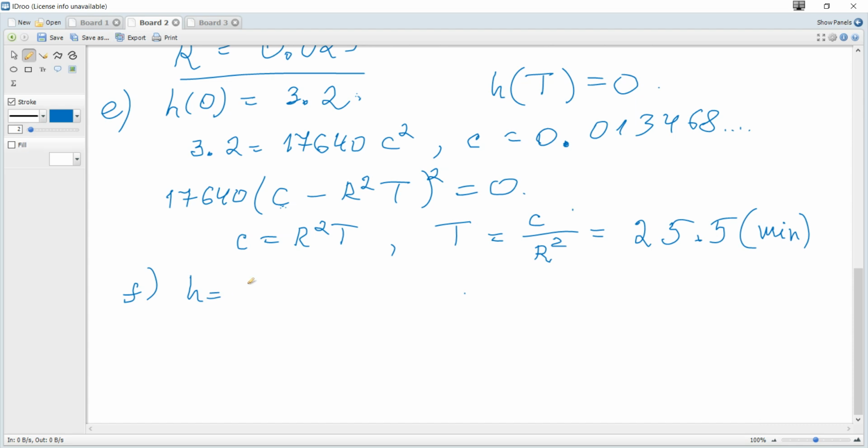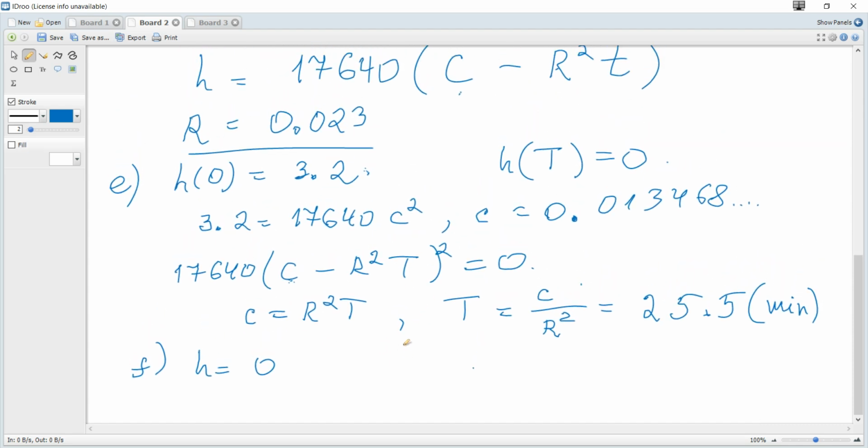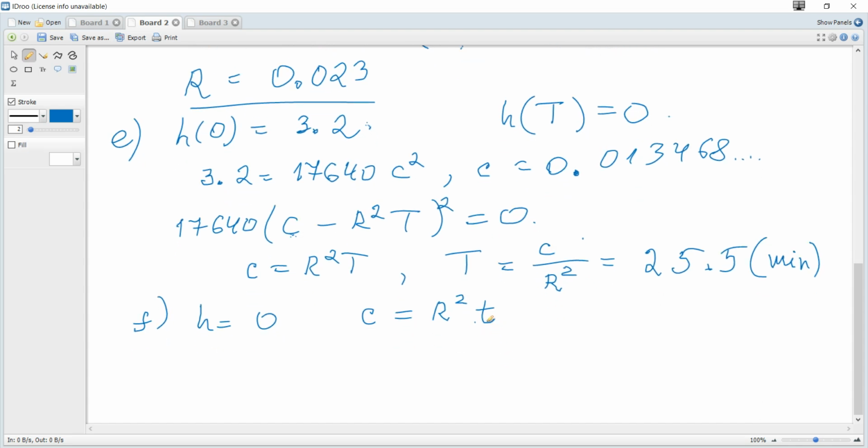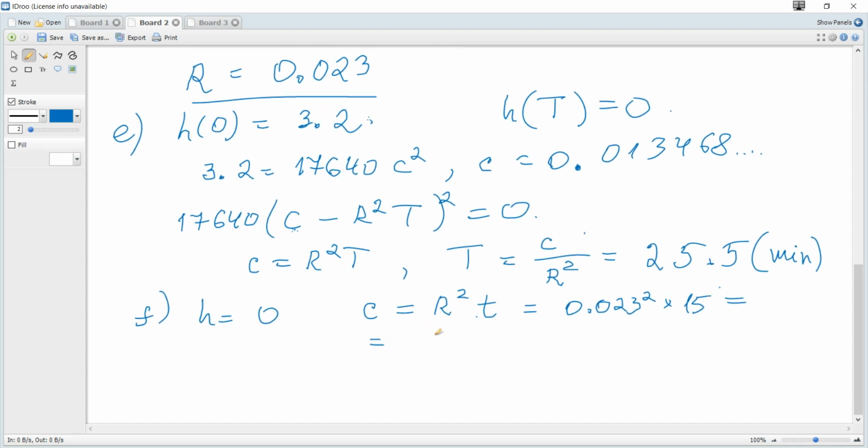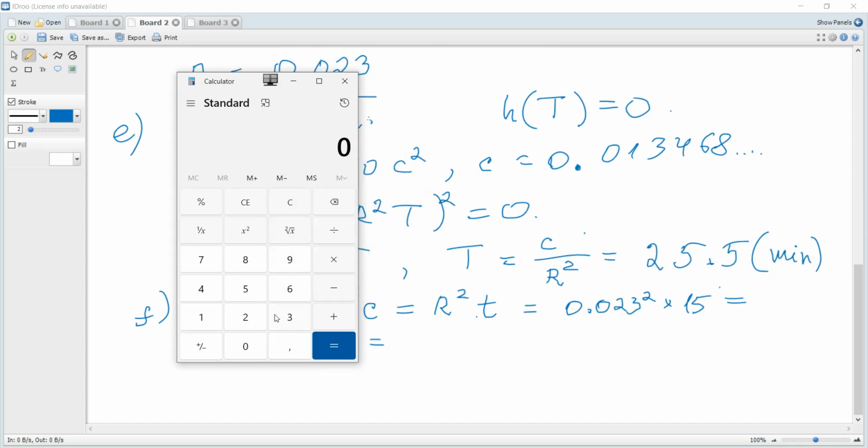When h is 0, we get that what? Constant C is equal to R squared T, and now it is required that this T should be 15 minutes, and hence we can find new value of C. So it's 0.023 squared and times 15.